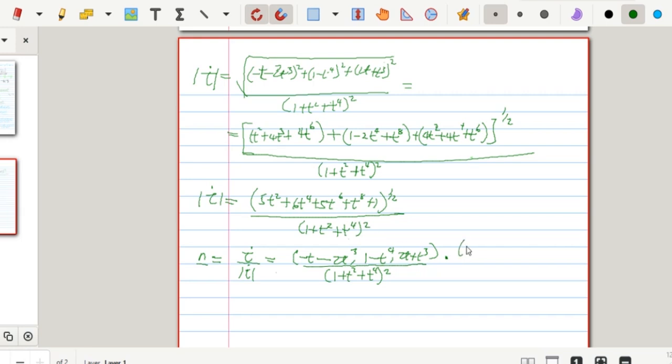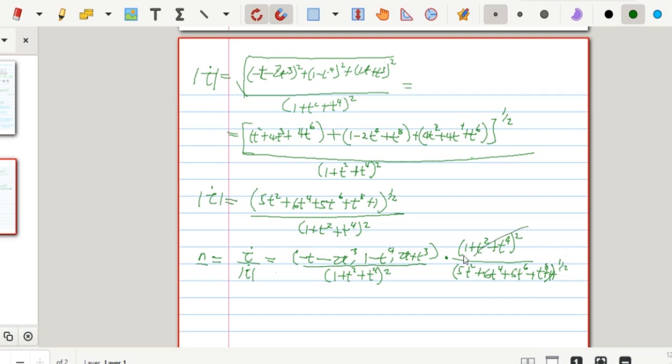So we have 1 plus t squared plus t raised to the power of 4 squared divided by the numerator here, 5t squared plus 6t raised to the power of 4 plus 5t raised to the power of 6 plus t raised to the power of 8 plus 1, all raised to the power of 1 over 2.